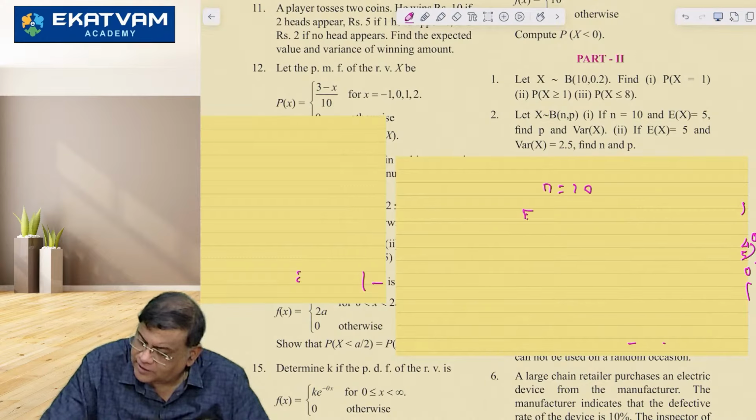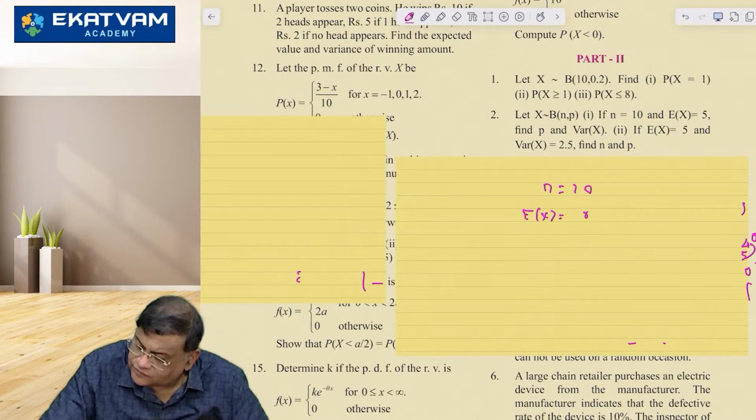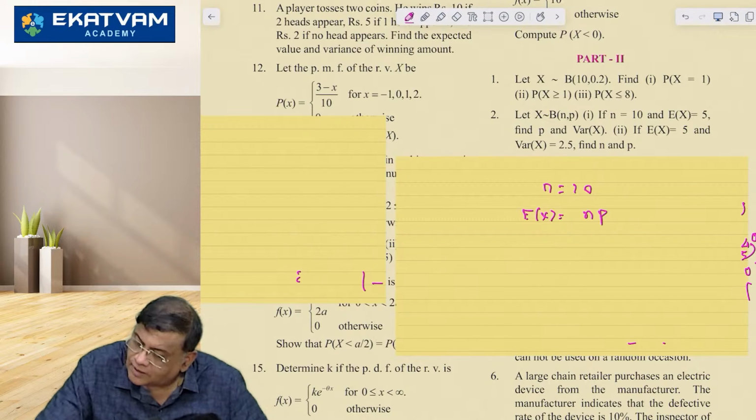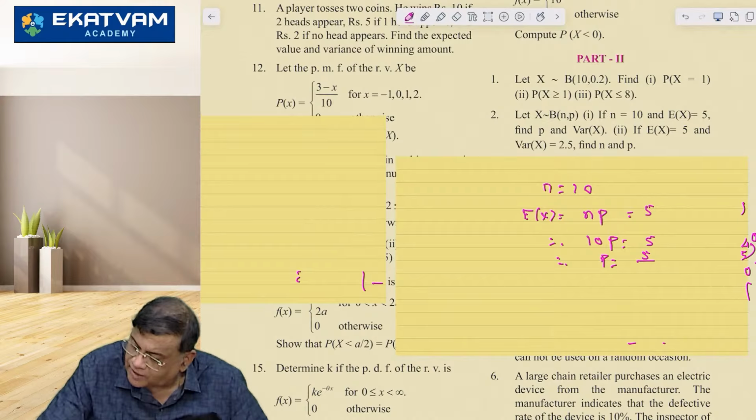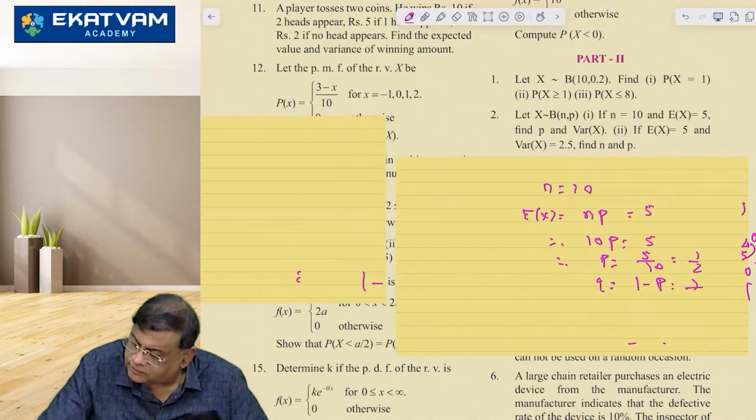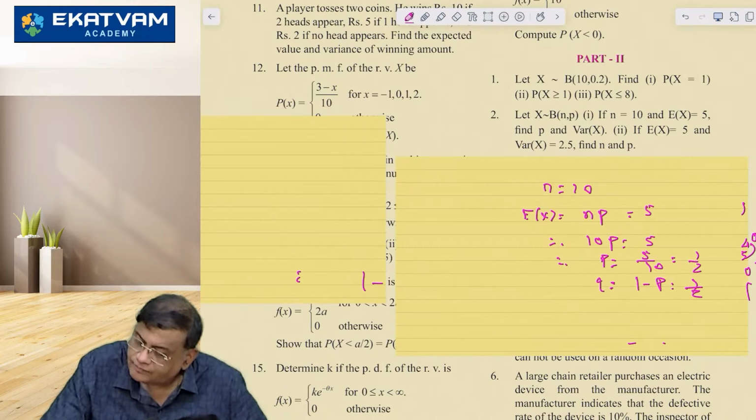By the way, expectation of x is n into p has been given to be 5. So 10 into p is equal to 5. So p is 5 by 10, मतलब 1 by 2. So q is 1 minus p, even that is half.